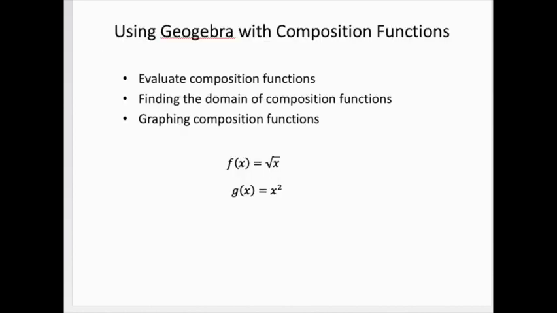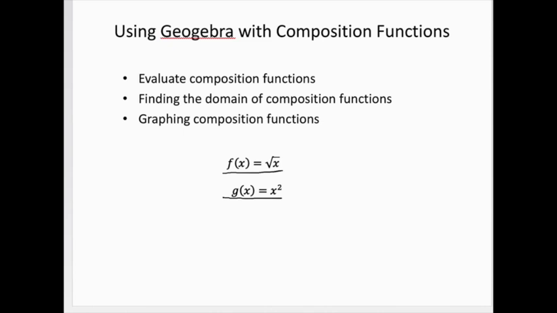Now, this last example, I want to discuss this classic example to show you why looking for the domain with composition and addition, subtraction, multiplication, division, when we look for the domain of the new function, it can be kind of tricky, especially with composition functions. You have to really think about what you're plugging in and what's getting plugged in first and then what's getting plugged in second.